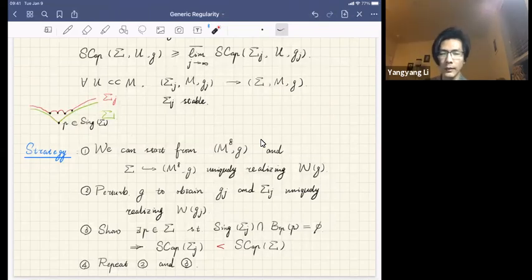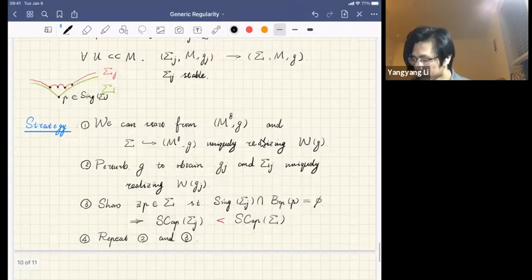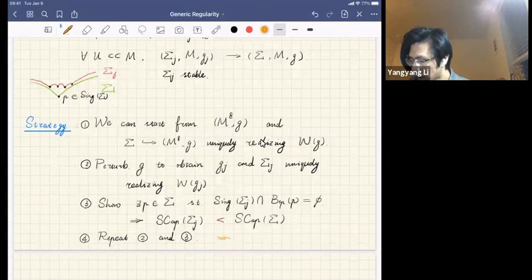And in the end, we'll see that the singular capacity would be 0. So in this case, we'll obtain a new metric, denoted by g tilde, and also a minimal hypersurface sigma tilde, such that the singular capacity of sigma tilde is 0. So sigma tilde is smooth.